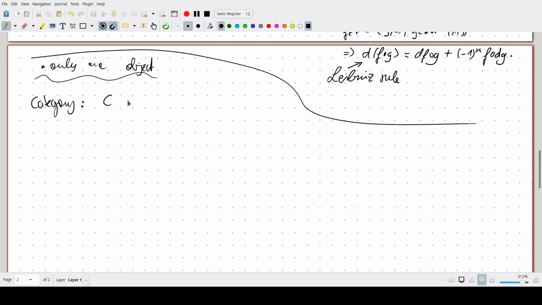Then C is given by the set of objects of C, which is just the set with one element. And then we have exactly one set of morphisms. So we have morphisms in C from dot to dot, which I guess we can just call A.